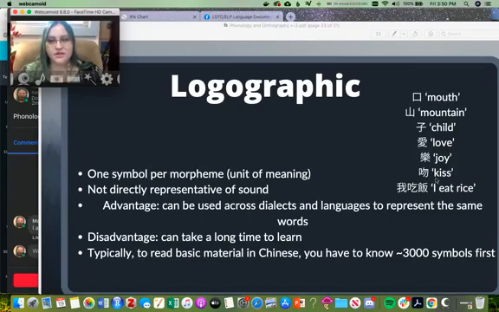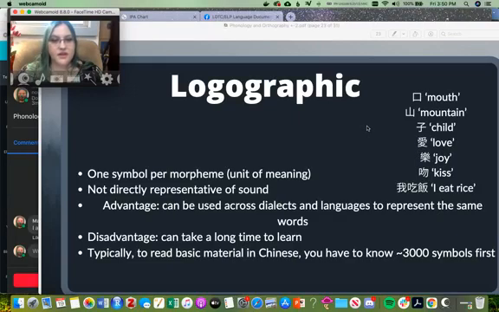So here you can see that even if I don't know how to pronounce these words in any given Chinese language, if I'm familiar with this character, I can still understand the concept behind it, right? You theoretically could just use these to write any language that you wanted, but there is a disadvantage in that it takes a long time to learn every character.